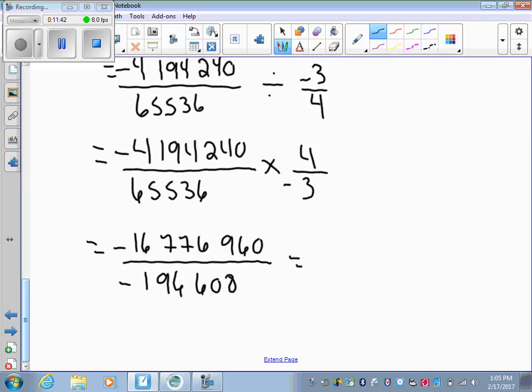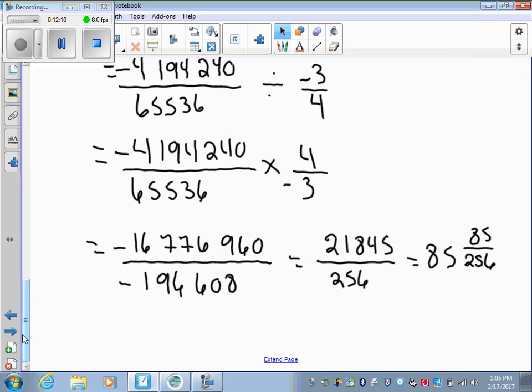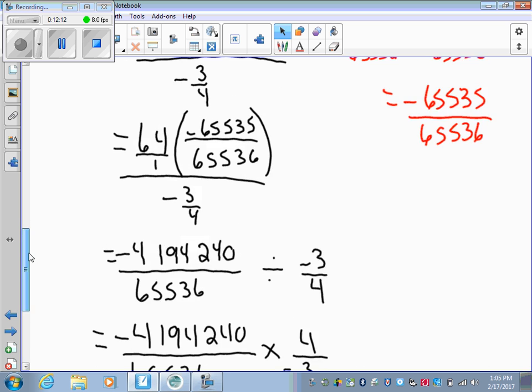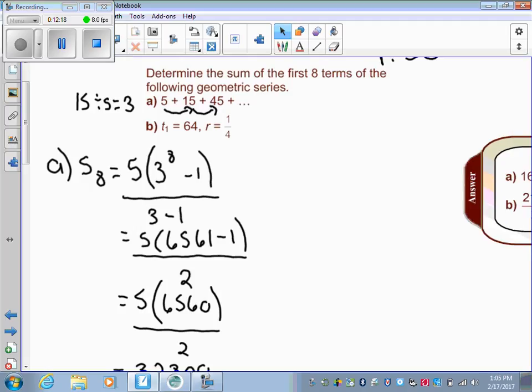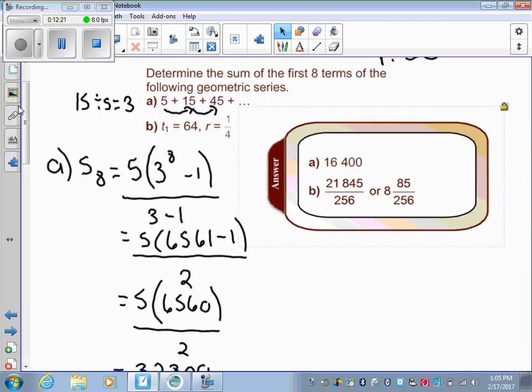That can reduce down to 21,845 over 256, or 85 and 85/256. Okay? Big, strange numbers for fractions. And I'll just pull out the answer. Oh, that's supposed to be 85 there.